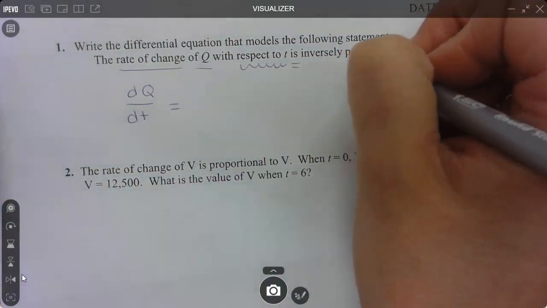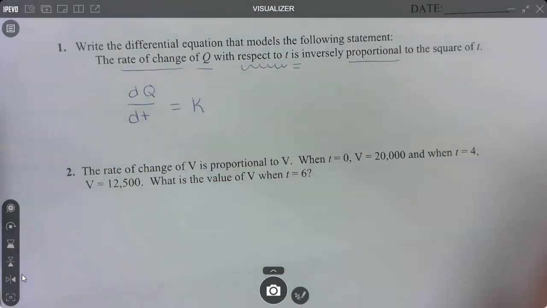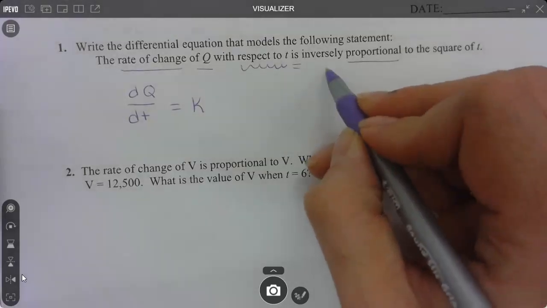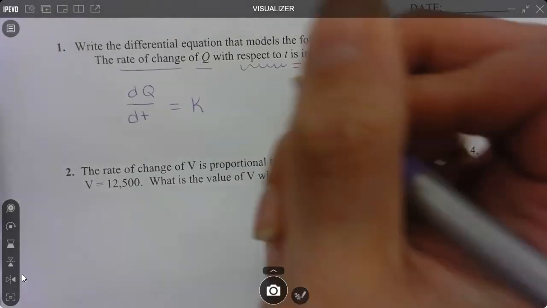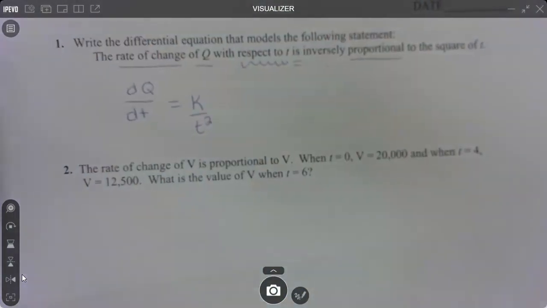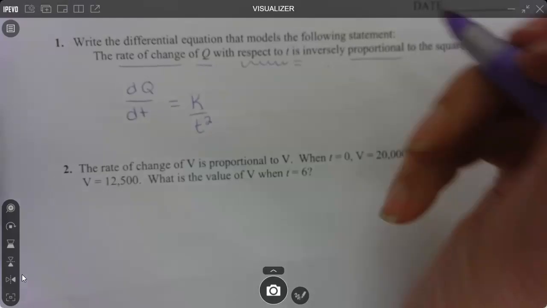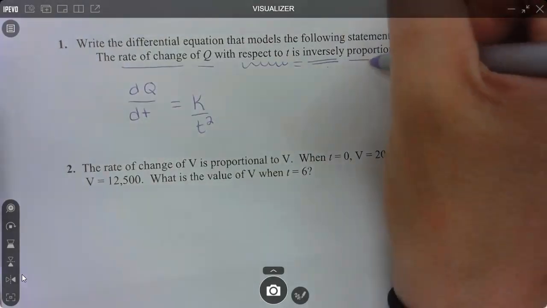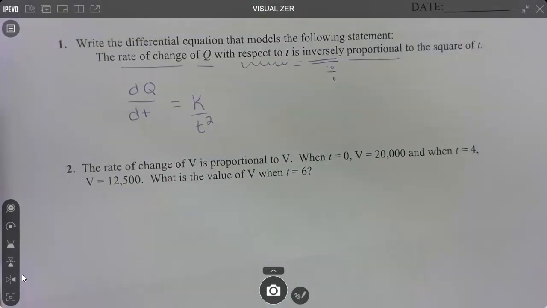If you see proportional, you know you need K. It says inversely square of T, so it's K over T squared. And again, anytime you see inversely proportional, think division.